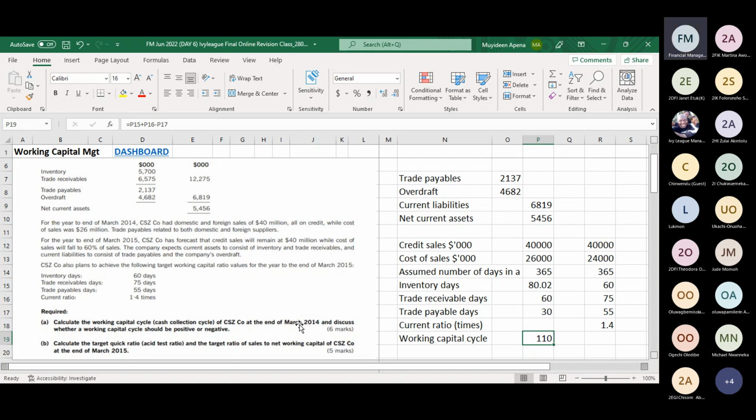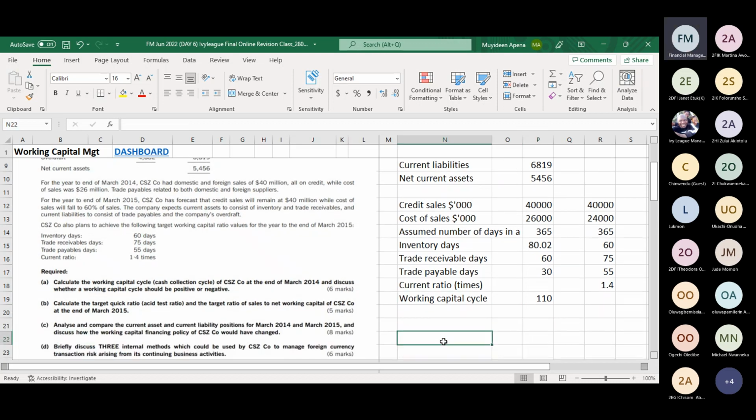So we have to discuss whether a working capital cycle should be positive or negative. So what would be our response? We've done the calculation, we have 110 days. We know it's positive. So the examiner is asking, should it be positive or negative?